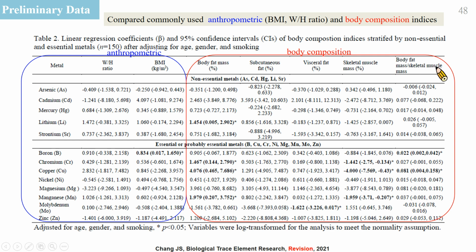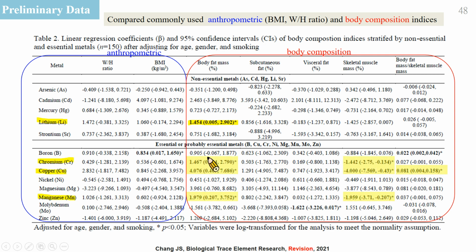First of all, we found there was no correlation between metal exposure and traditional anthropometric indices. If we look at the non-essential metals, we only found that lithium exposure is positively correlated with body fat mass index.